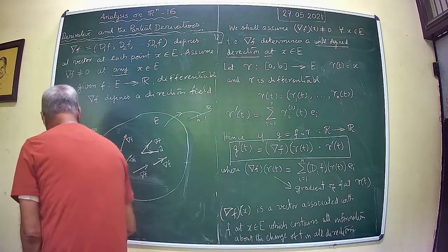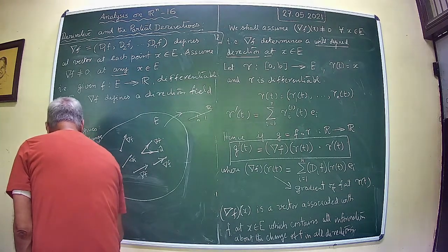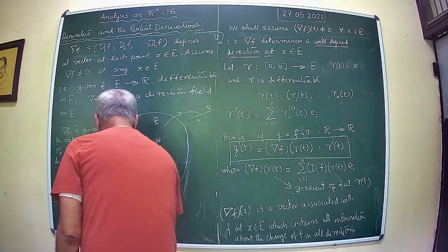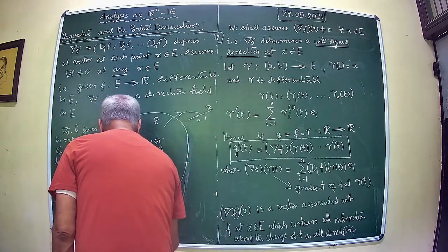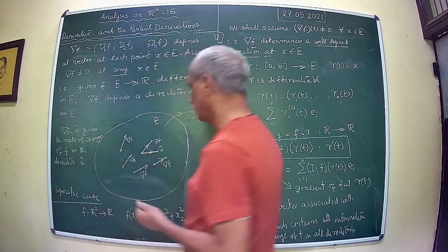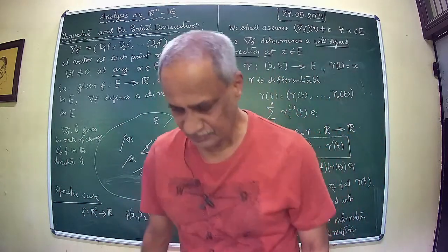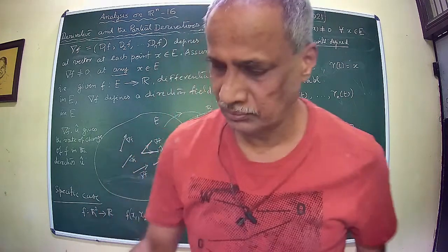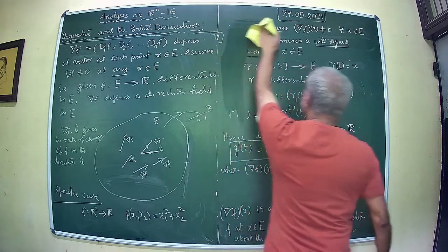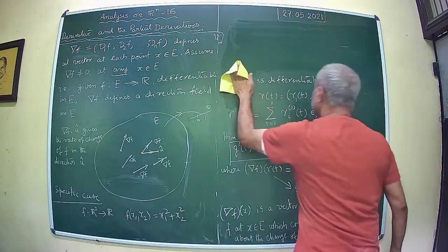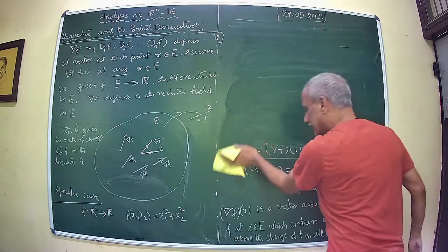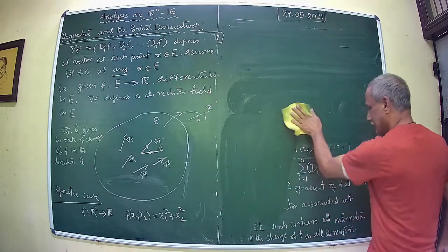Assume f is defined by f of x1, x2 equals x1 square plus x2 square. So what are the equipotential curves? I'm using the word potential, suddenly brought in here.